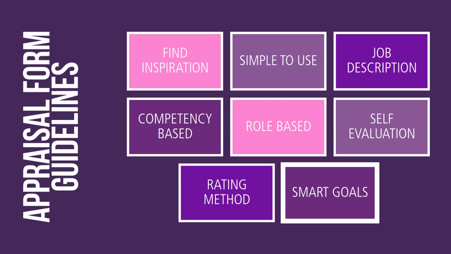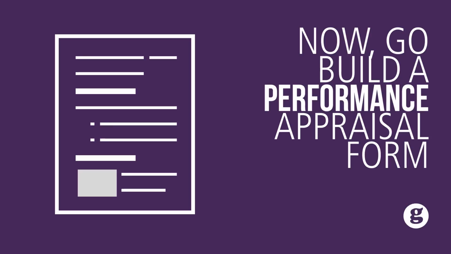Prompt managers and employees to provide specific description of goals, linking individual goals to that of the department or organization, while highlighting the measurement of success, any training or resources required for that success, and the expected completion date. Allow enough space on your performance evaluation for all of these details. Now, using these elements and guidelines, go build your organization's next great performance appraisal tool.